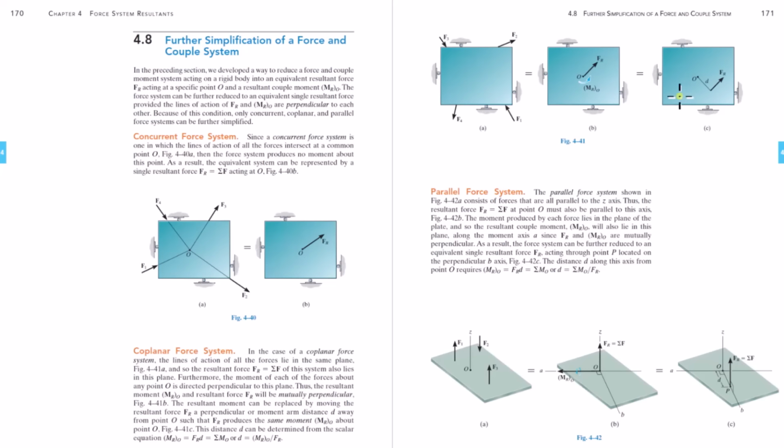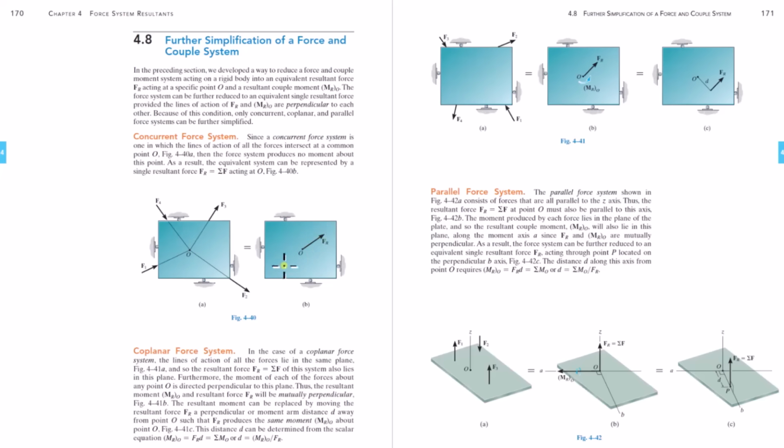In that case, you could simplify an entire force couple moment system to just a force with no couple moment. But there was also the special case of a concurrent force system. This was in 2D or 3D. That's where the lines of action of all of the forces on the body meet at a point. Well, in that case, what you could do is slide all of the force vector tails to that point, do a vector sum, and replace all of the forces by a single resultant force.